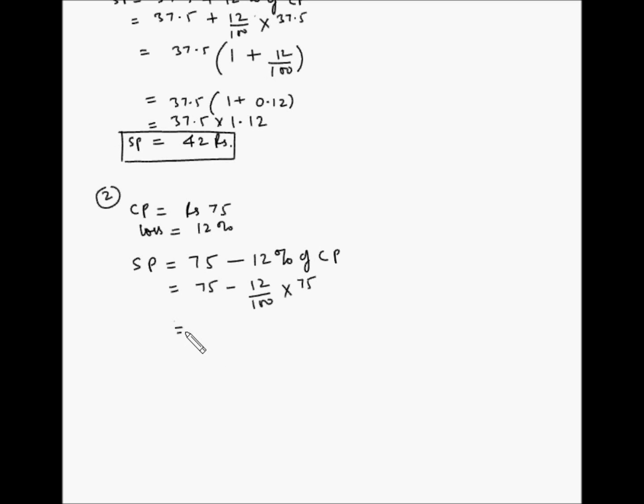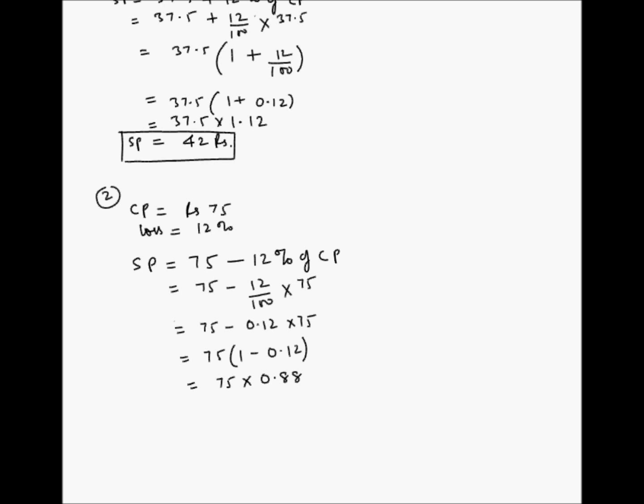So this is equal to 75 minus 0.12 multiplied by 75, which is equal to, let's take 75 as common, so 1 minus 0.12, this is equal to 75 multiplied by 1 minus 0.12, which is 0.88.